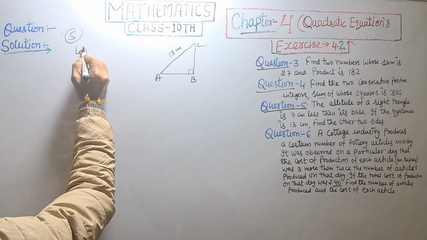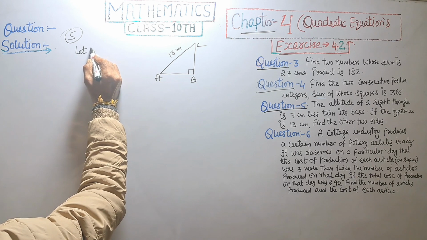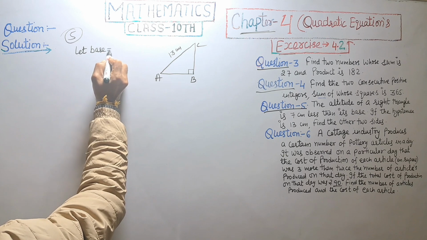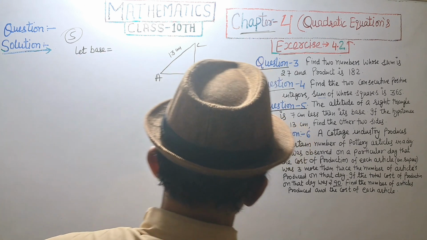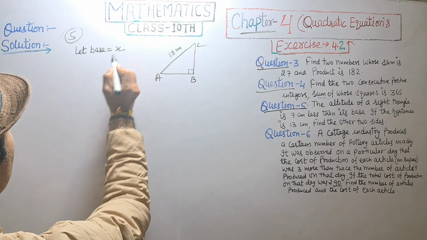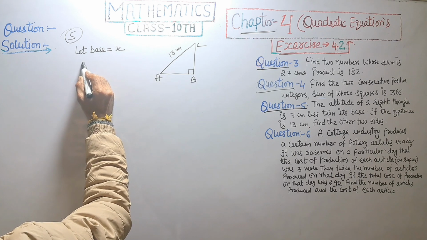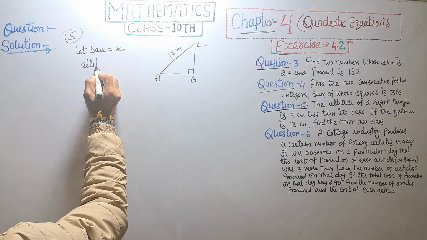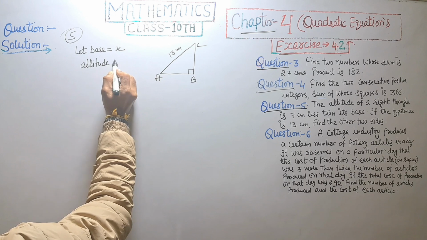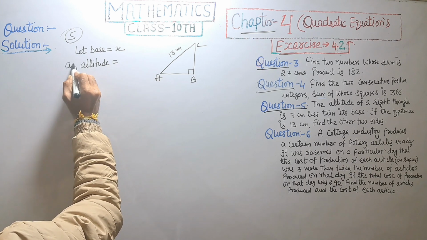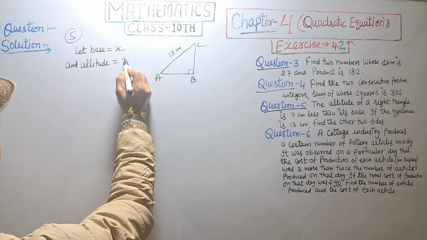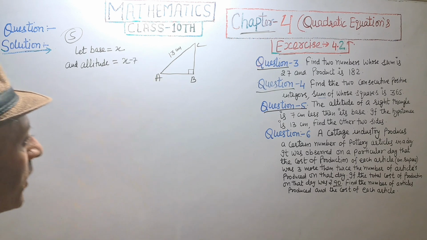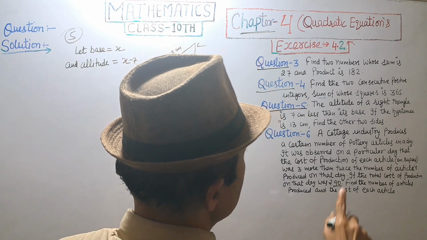Let the base be equal to x and the altitude be equal to x minus 7, according to the question.